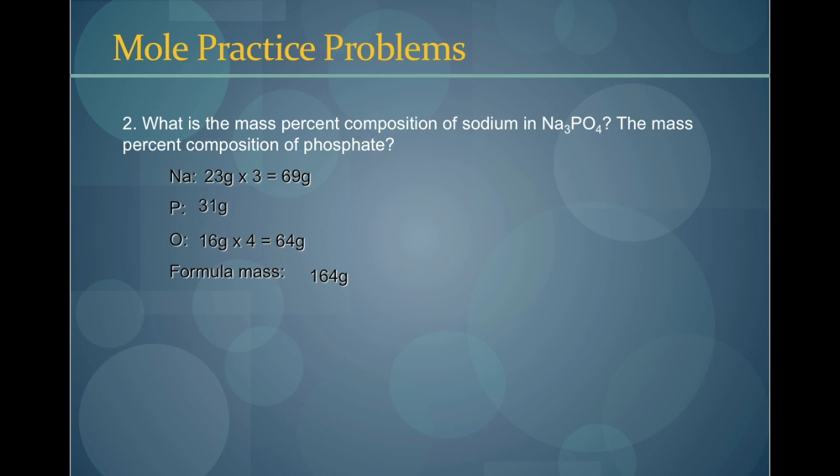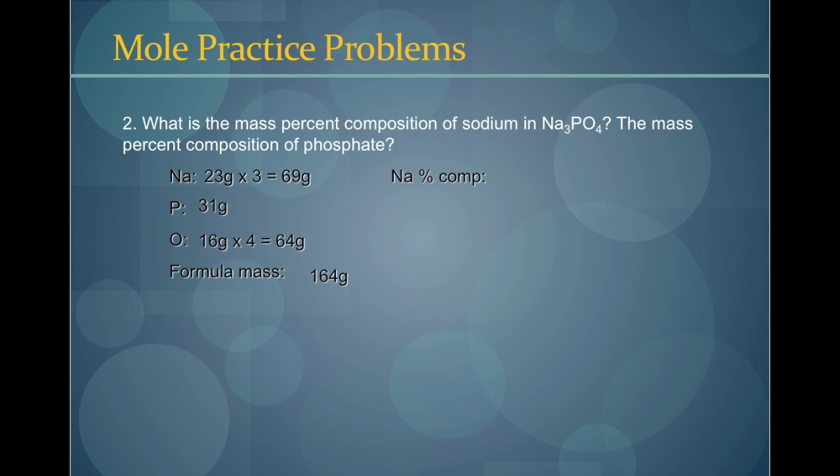So now we have to go back and read our question again. I always need to reread it at this point to know what I'm supposed to be solving for. So what is the mass percent composition of sodium? That's what we're asked for first. We have 69 grams of sodium, and 164 grams is the total mass.